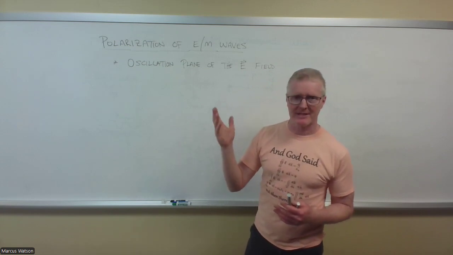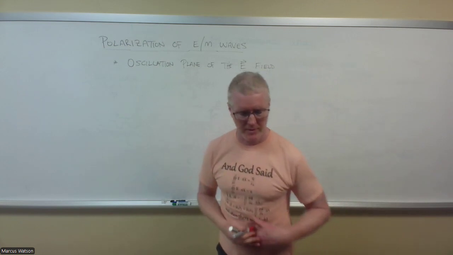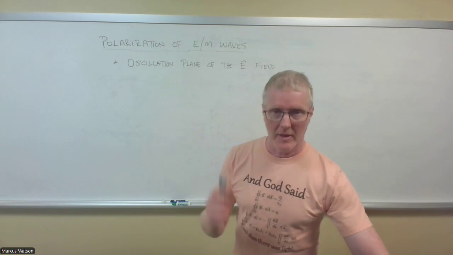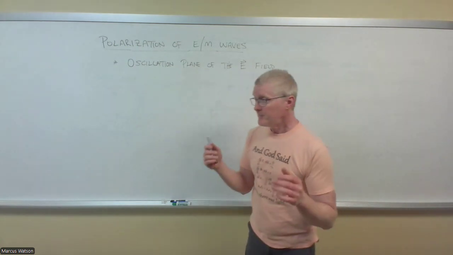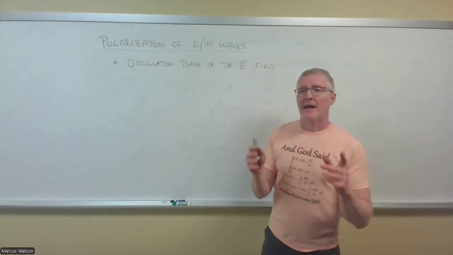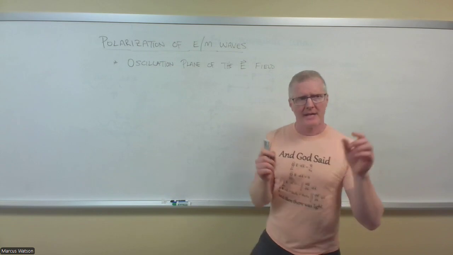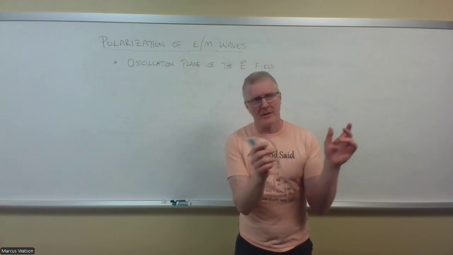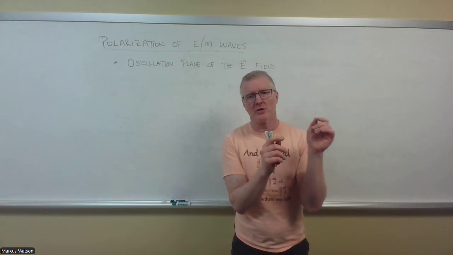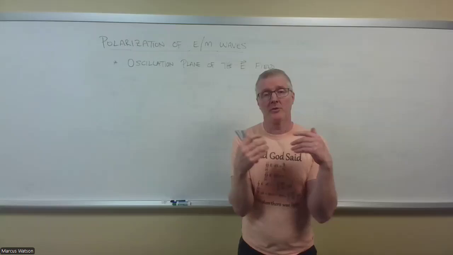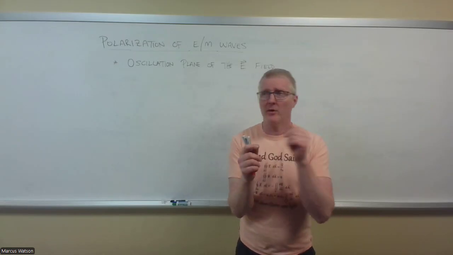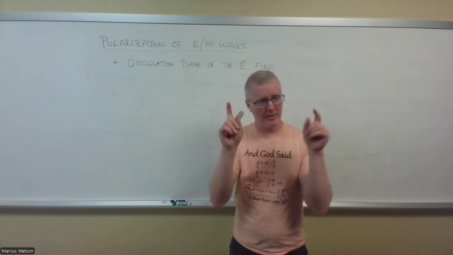So if I take, for example, an incandescent bulb like this one that I was just using on the radiation vane, and I look at the light that's coming out of it and I go ask individual waves, which you can't, but nonetheless, if I say, hey, what's your polarization direction? In other words, which way is your electric field pointing? Oh, well, it's going that way. Okay, what about this one? Okay, that's going this way. What about that one? It's going this way.